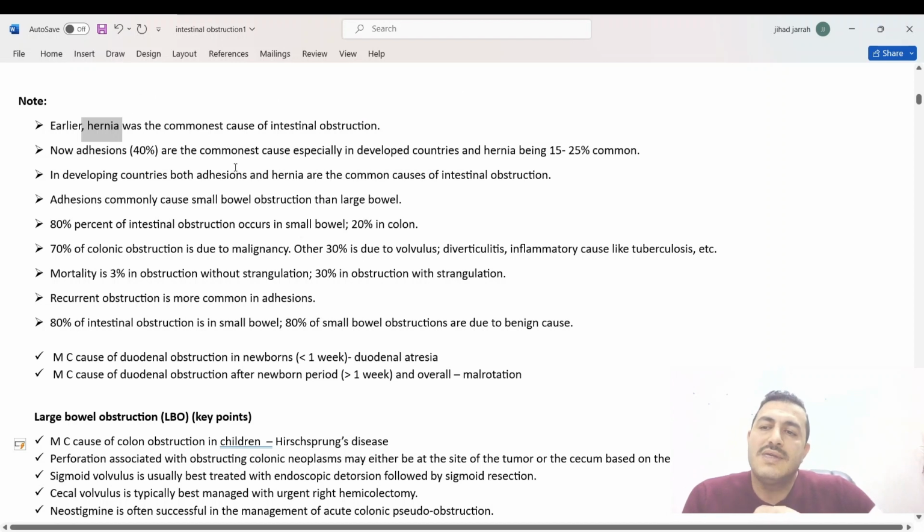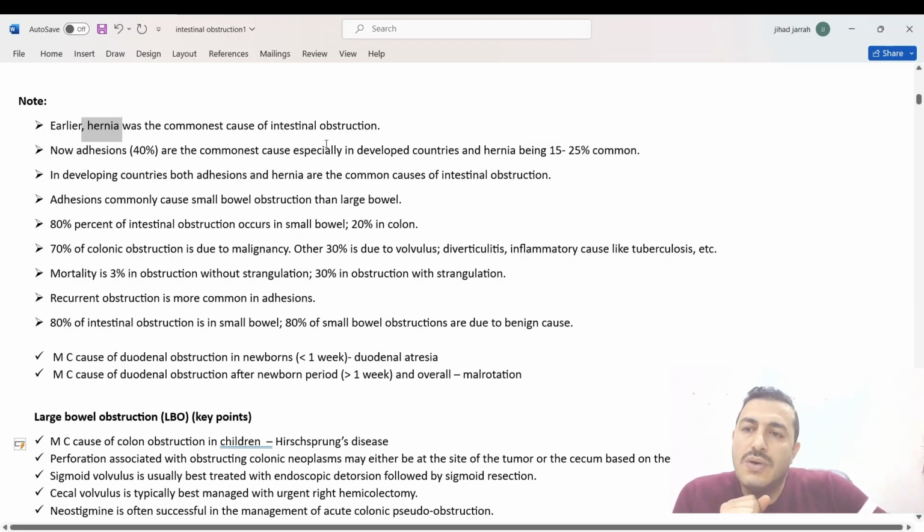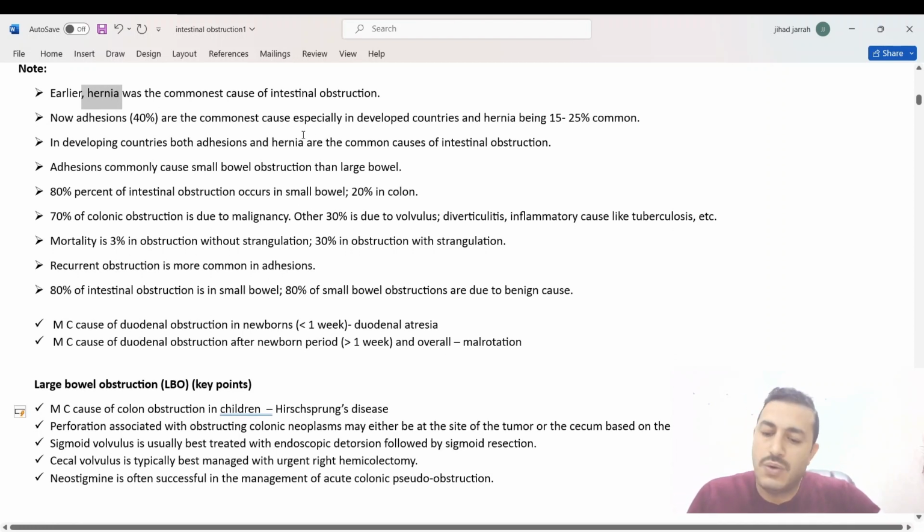Some literature classifies it depending on whether it's a developed or developing country. It's not a big deal, but we have to remember that adhesion is the most common cause. Hernia is the second most common cause of small bowel obstruction.